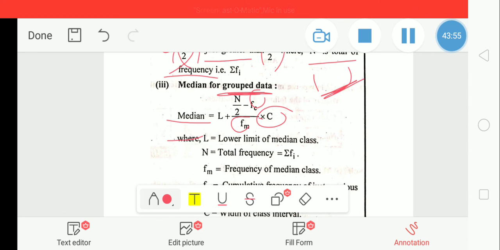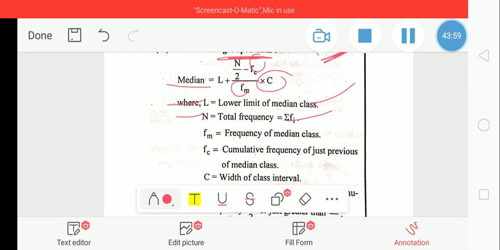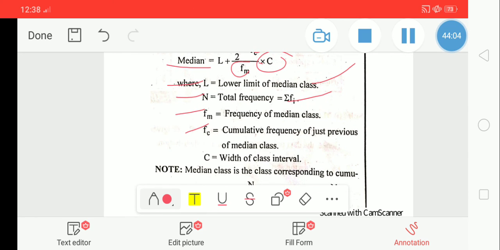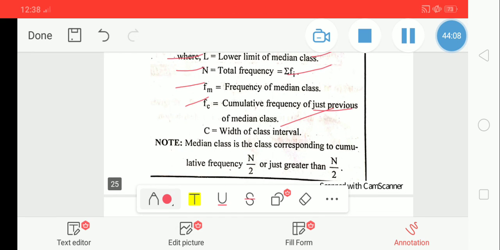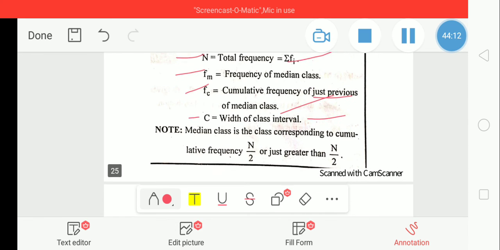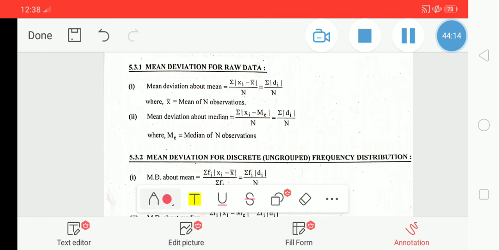L is the lower limit of the median class, n is the total frequency, that is summation of fi, and c is the width of the class interval. That is, we know that.